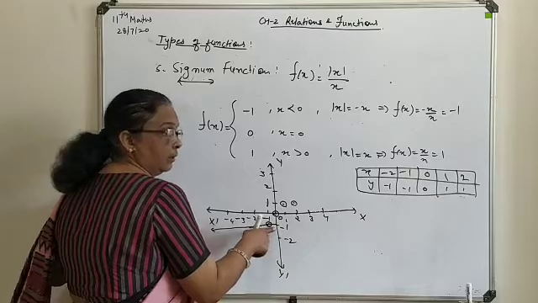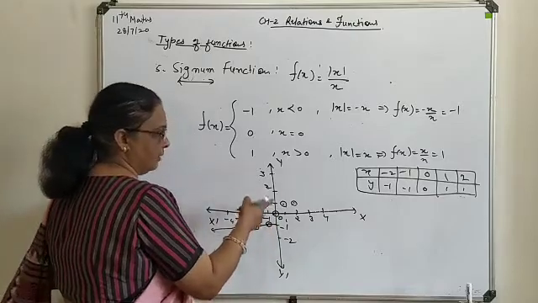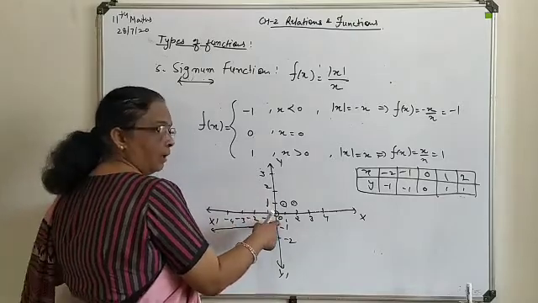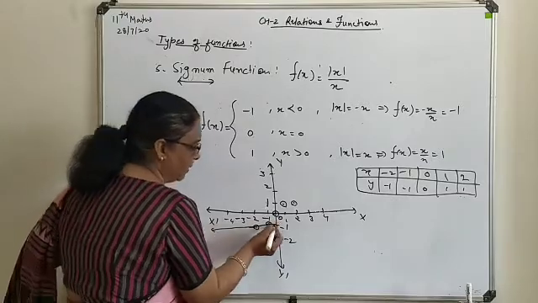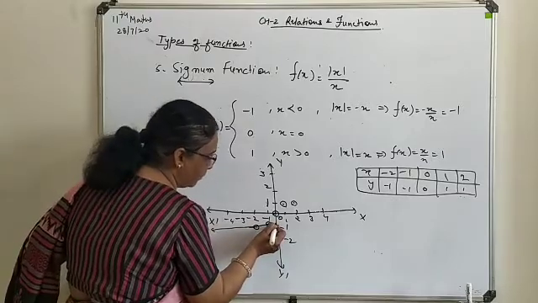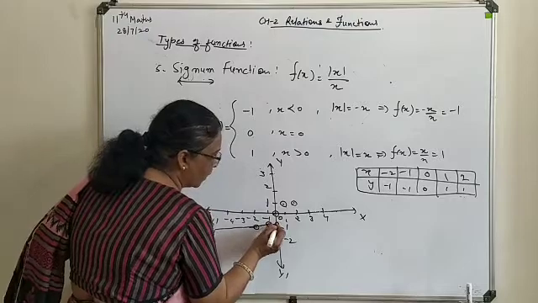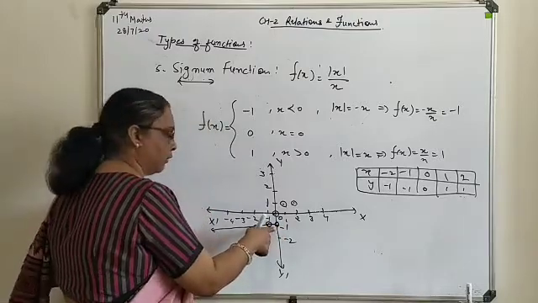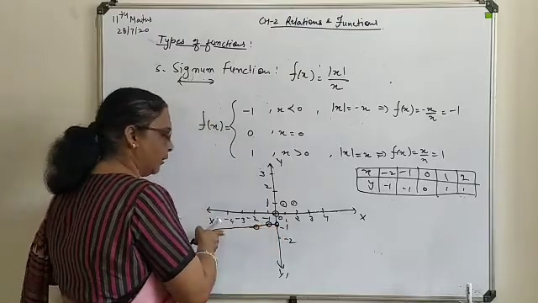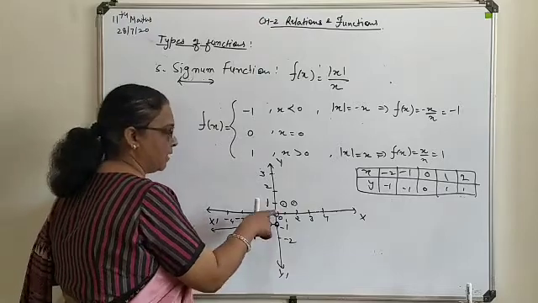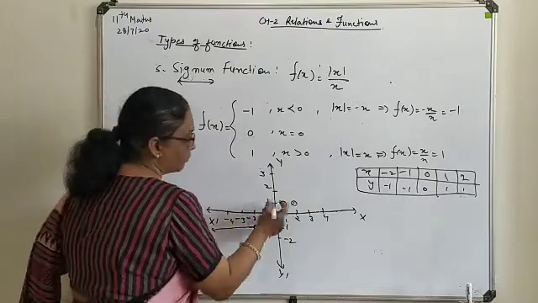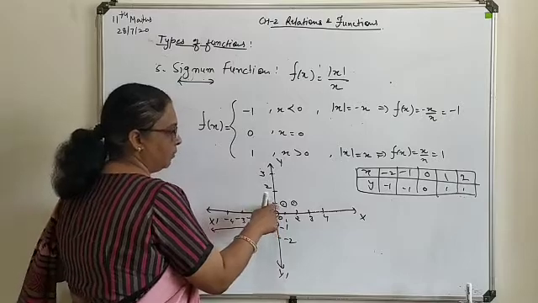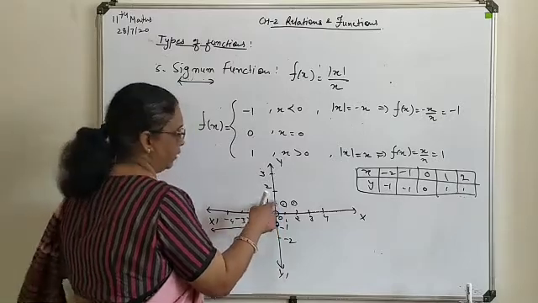not including this minus 1, it is less than 0, means at this point you will make a hollow circle, means this point we are not going to include; less than this point we are going to include all these things. At 0 it will remain 0, means the answer at this point will remain. Here also greater than 0, but this 0 we are not going to include here.